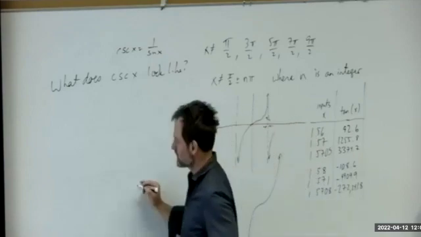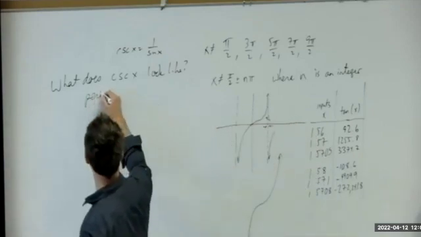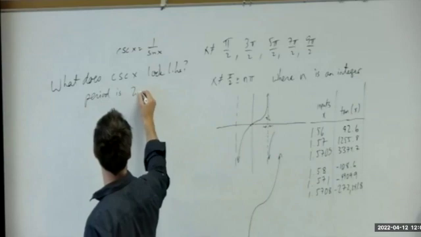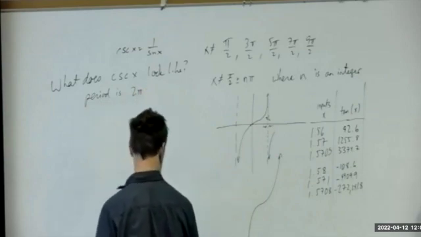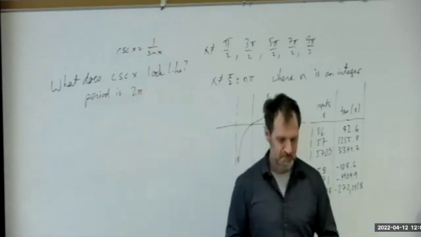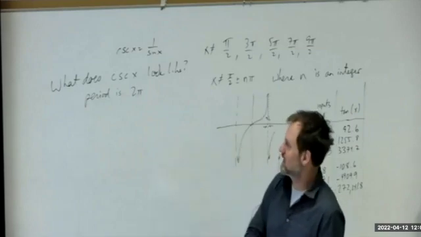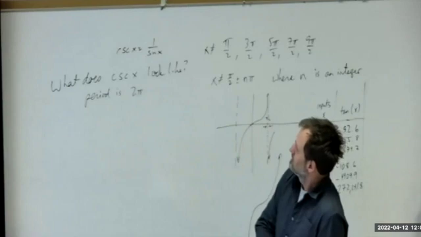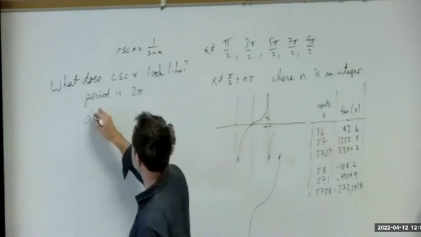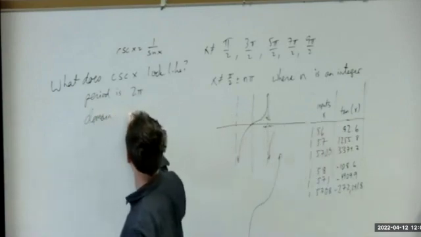Well, I'm just going to venture that the period is 2 pi. I might be wrong. Well, let's start with the assumption that it's 2 pi because it's based on sine x and the period of sine is 2 pi. What about these domain problems? Got domain issues?